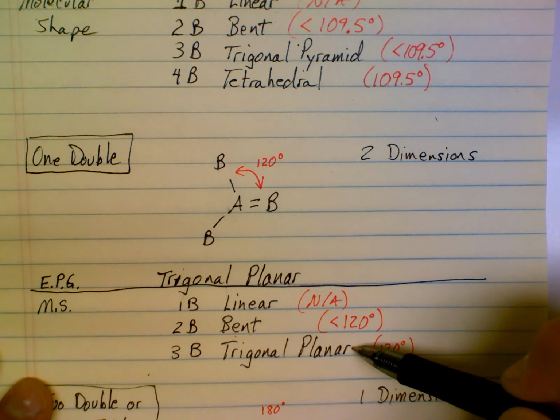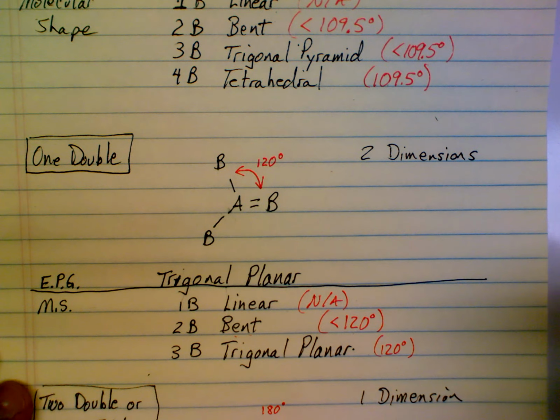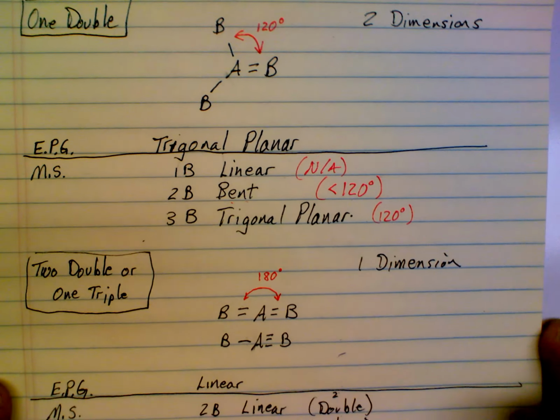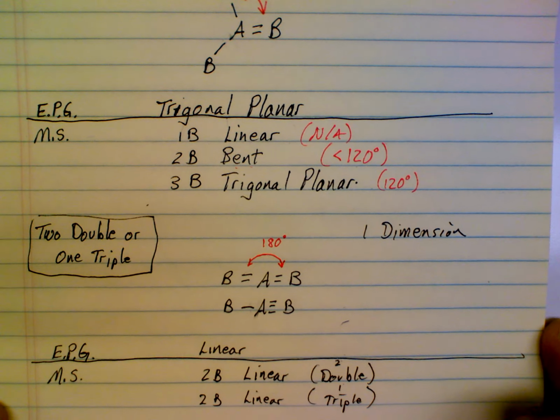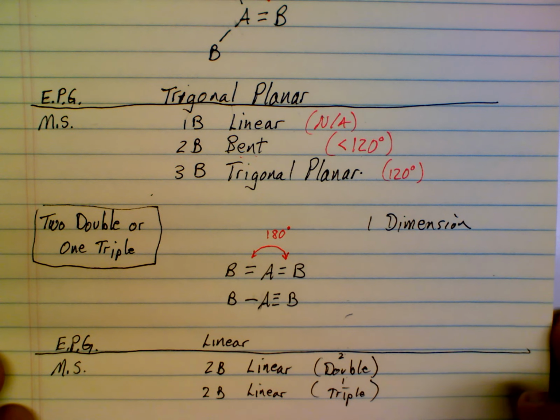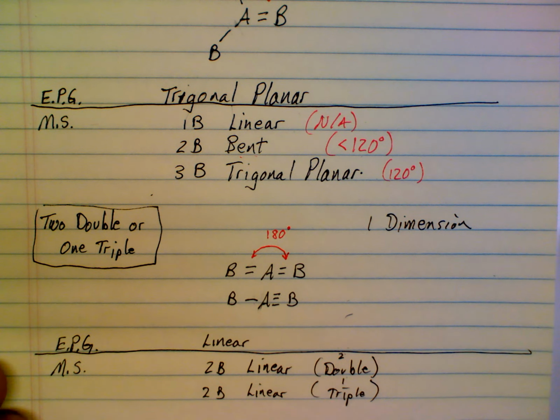The others are all repeats. So all these need to be memorized. All the bond angles need to be memorized, and the shapes. And that's the summary of how bond type affects molecular shape.